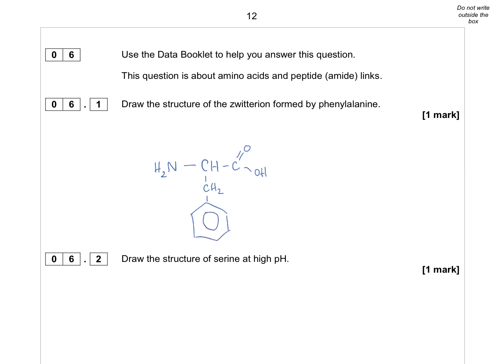And when it forms as zwitterion, if you remember, the carboxyl group loses the hydrogen, so acts as an acid and donates its proton, and the amine group becomes protonated. So you end up with phenylalanine with a negative charge on the carboxyl group and an NH3 plus on the amine group.